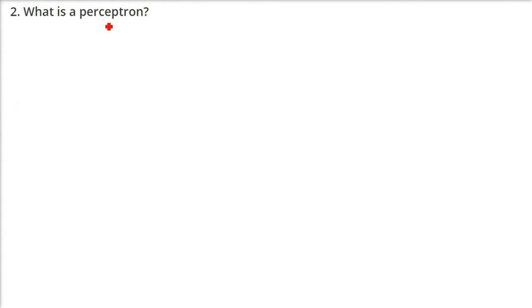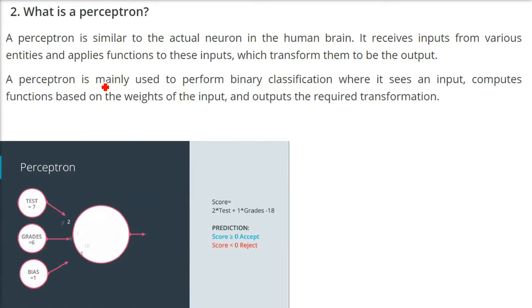What is perceptron? Perceptron is a single neuron with a single output. Perceptron was given by a famous scientist first. He showed how a neuron can be shown, projected and computed.